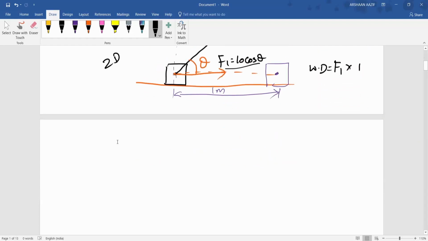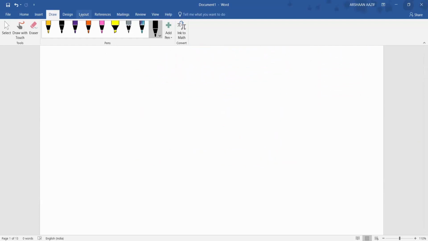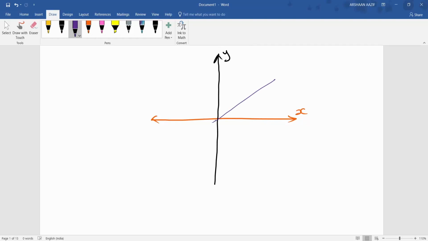What if we go for 3 dimensions? Again, the same case, where instead of having it along 1D or 2D, in X and Y, here this is the X axis, we have the Y axis here, and this is the Z axis.